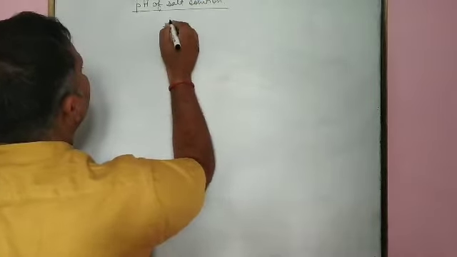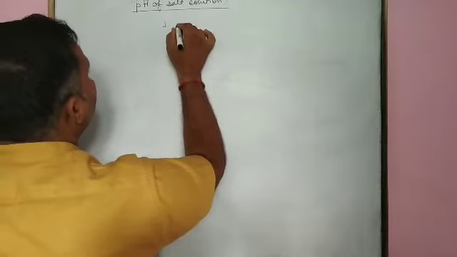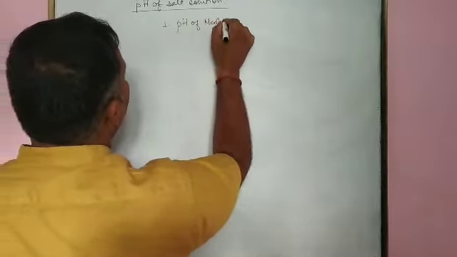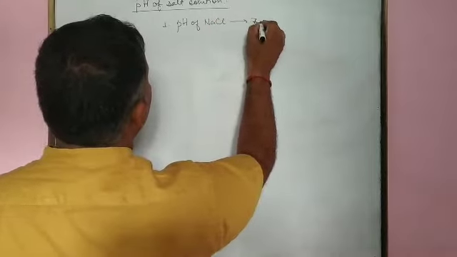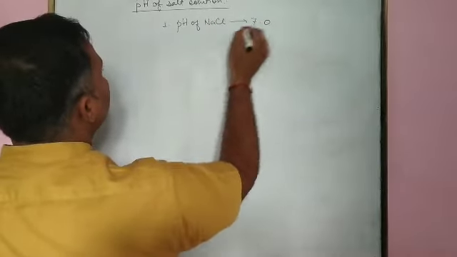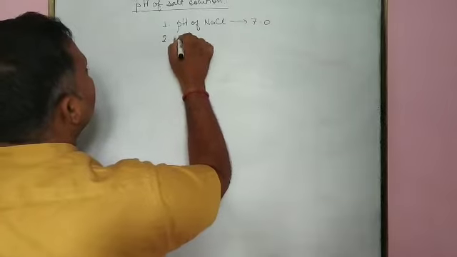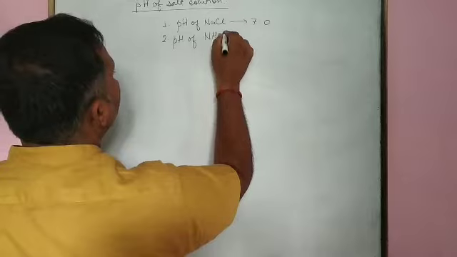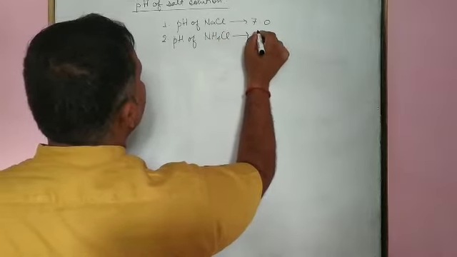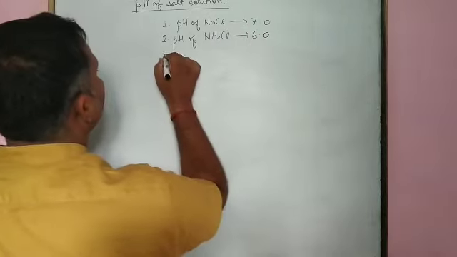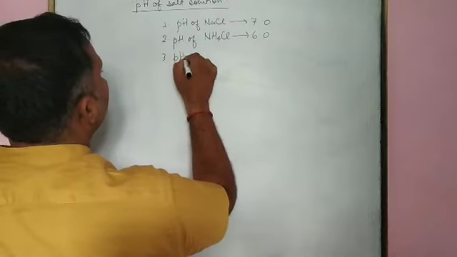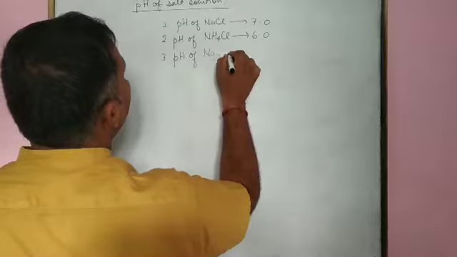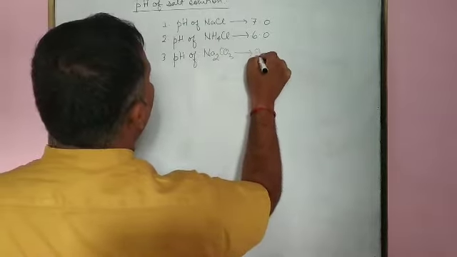First, the pH of sodium chloride NaCl is 7.0. The next one, the pH of ammonium chloride NH4Cl is 6.0. The third one, the pH of sodium carbonate is 9.0.